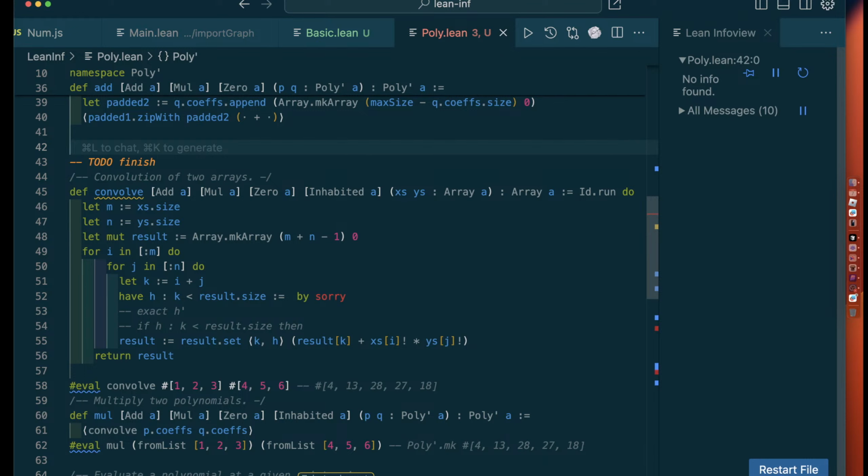Oh, so that's what it was. I guess that's the explanation.